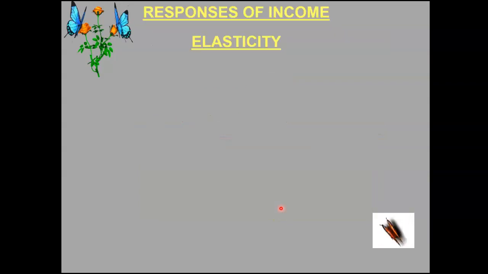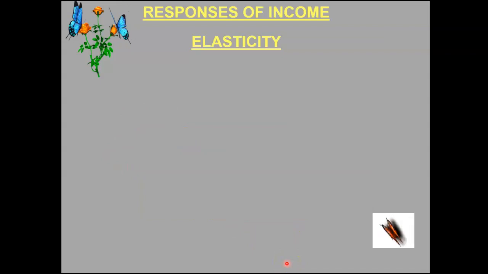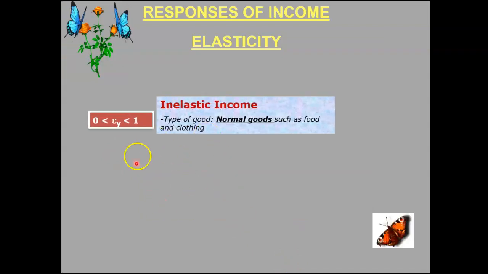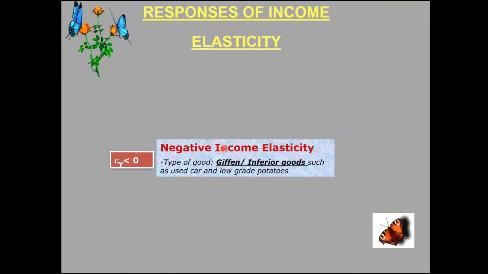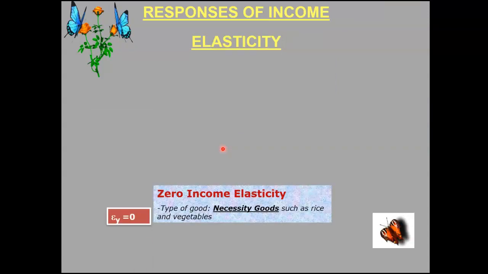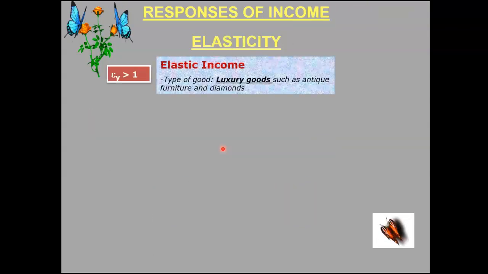Okay, so bila kita dah calculate guna formula ni, kita akan dapat value. Value ni lah kita akan tentukan either there will be inelastic income, elastic income, negative income elasticity, or zero income elasticity. Setiap ni ada maksud. Kalau elastic income, maksudnya type of good adalah luxury goods.